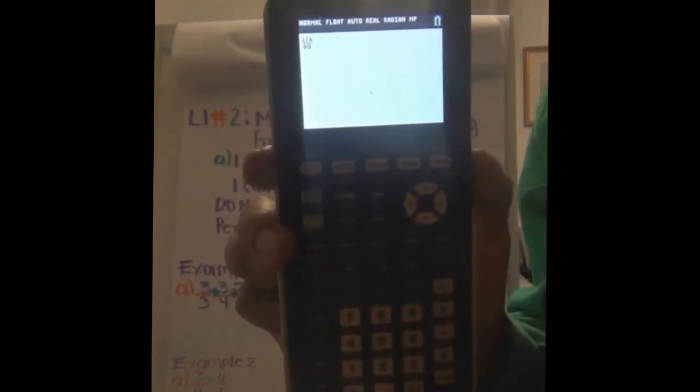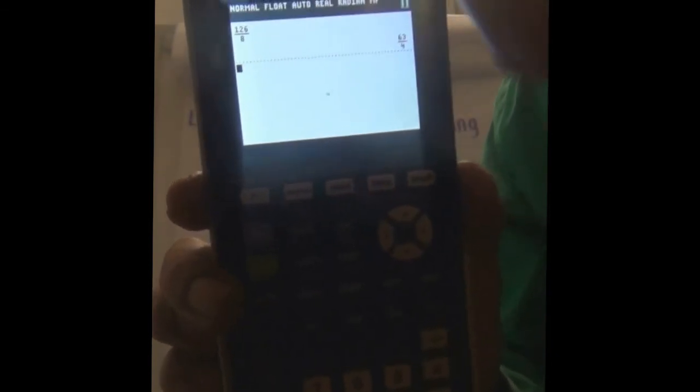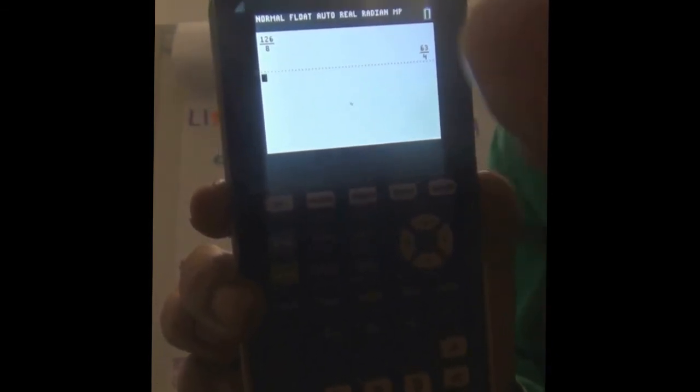See that? And then I press enter. And I got my fraction, which is 63 over 4. That's basically what I did. Okay? Good.